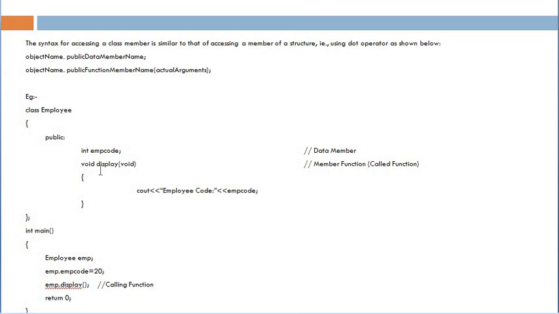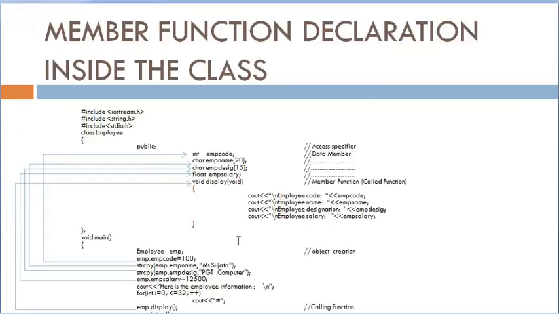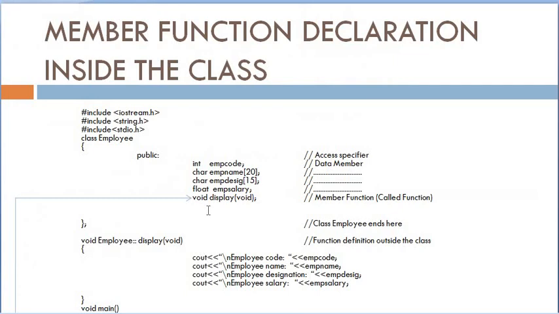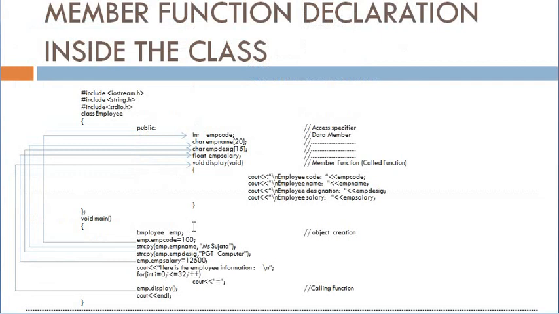But there is another way of declaring this member function. You can also declare this member function outside of the class, and that can be done with the help of this scope resolution operator, or this two colon. Now look at this example. Here there is a class called employee, and inside the class we have public data members such as EMP code, EMP name, EMP desig, and EMP salary, and we have one member function called display.